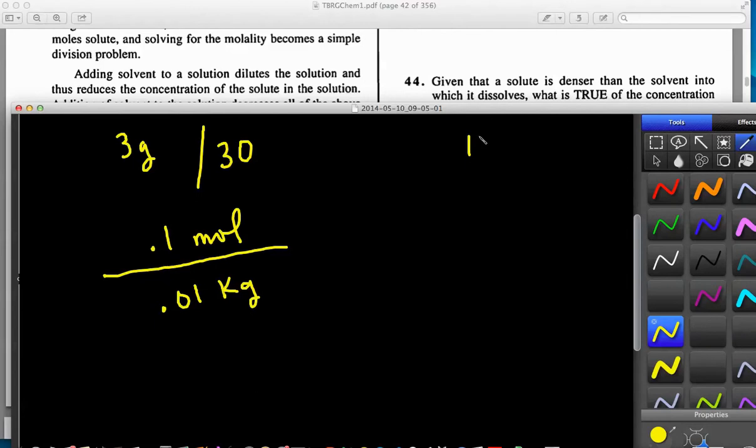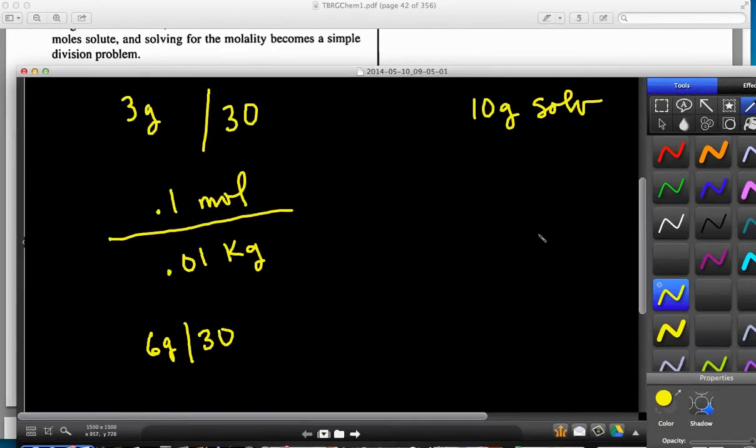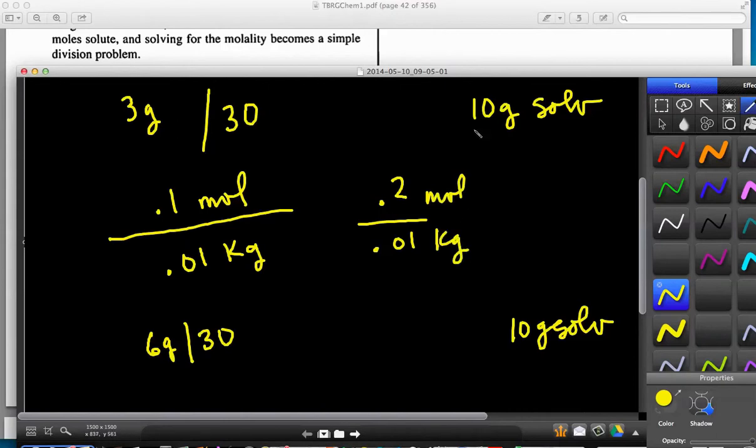So we have 10 grams of solvent. And then let's do another one where we have 6 grams, and we also have 10 grams of solvent. So in this case, we would have 0.2 divided by 0.01. Clearly the molality increases, right?